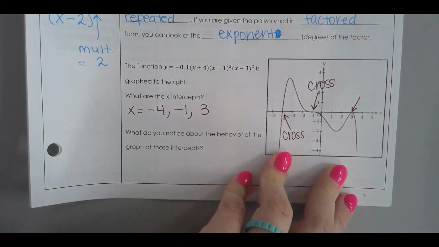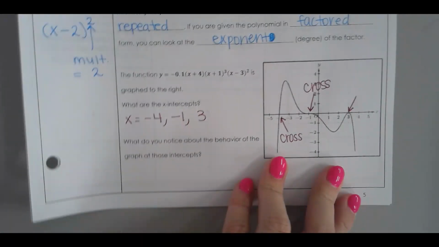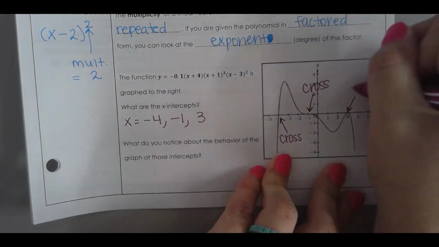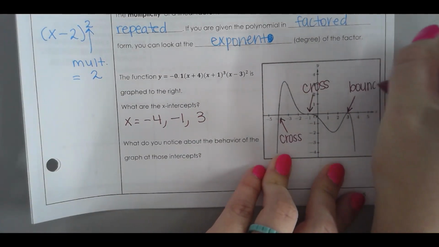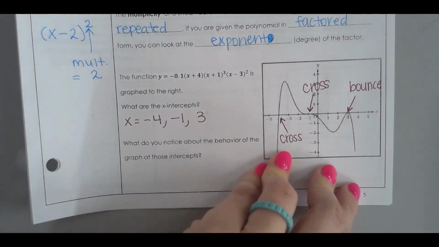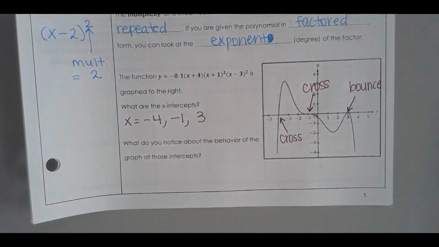What about the x-intercept at 3? It bounces. In Algebra 2, we use the terminology bounce. So once the line went up to the x-axis and hit the 3, it bounced off, or it changed direction. And all of that goes back to the multiplicity.